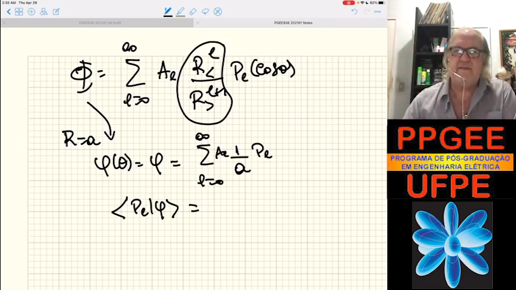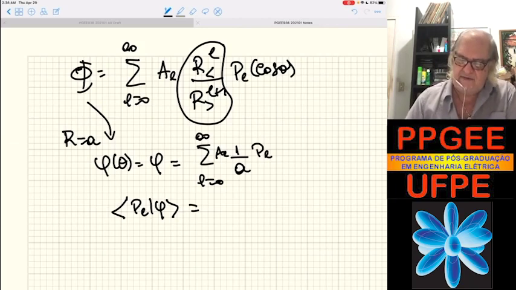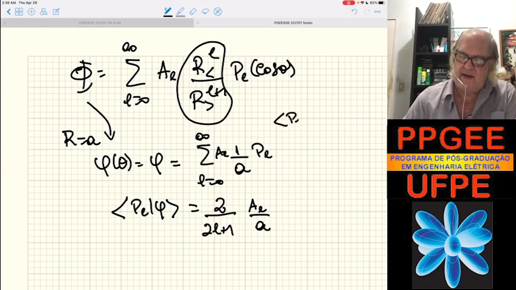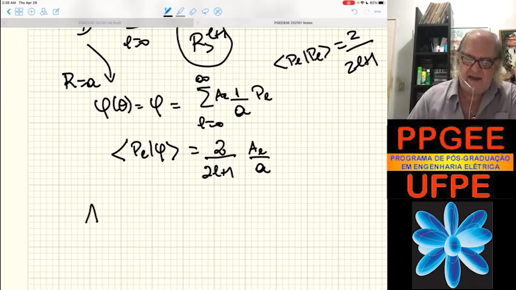Normalization: we have 2 divided by 2L plus 1, AL over A. This is already the PL with PL equals 2 over 2L plus 1. So we have AL equals 2L plus 1 over 2A.